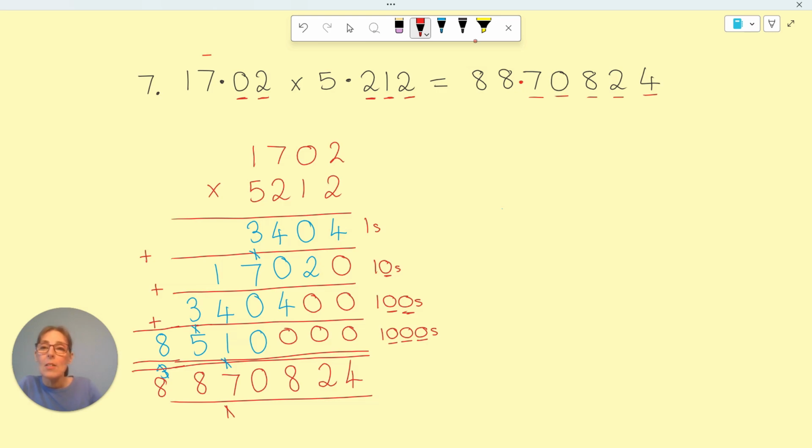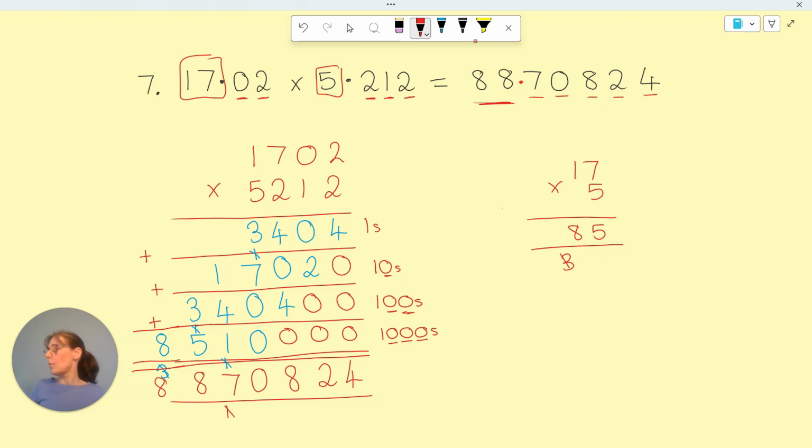Okay, so let's look at this number. We've got 17 times 5. What's 17 times 5? 5 times 7 is 35. And 5 times 1 is 5. Add 3 is 8. That is approximately 85. So it's 88.70824.